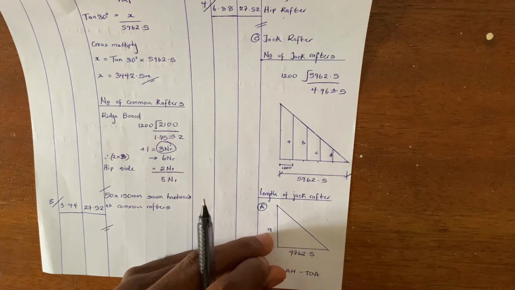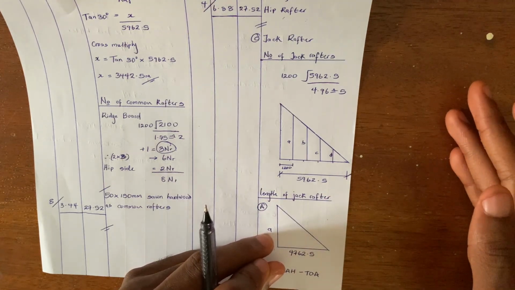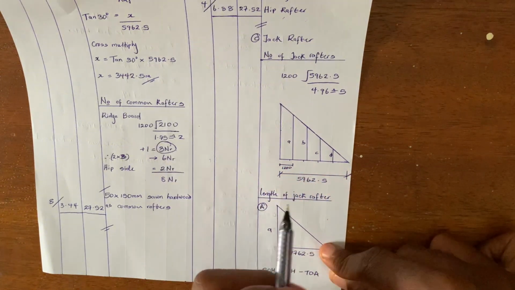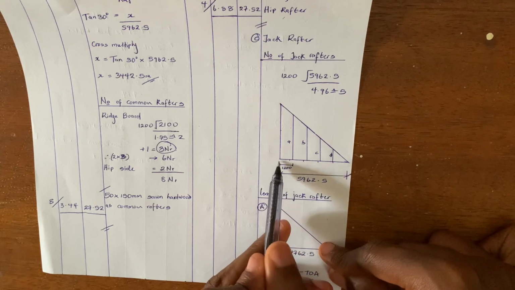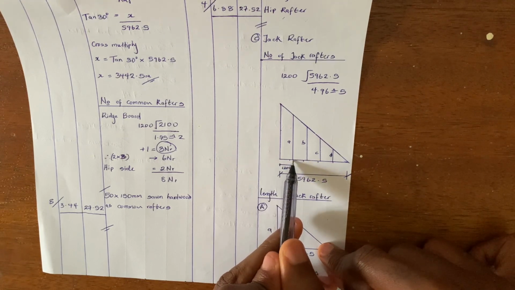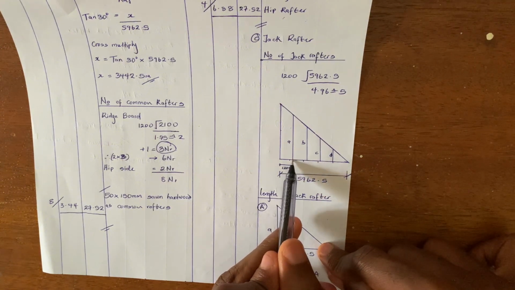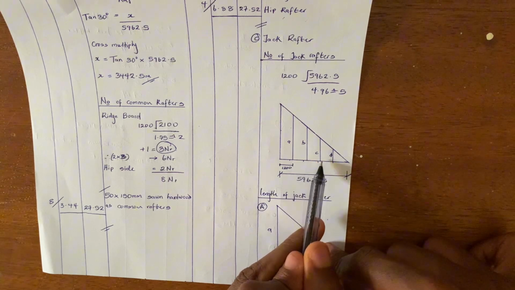Then it is stated in our specification that the rafters are spaced 1,200 center to center. So it means that the spacing for each rafter is 1,200. So from the common rafter to this place, making it A, is 1,200. Then from there to the next 1,200, we'll make the second jack rafter, and then continue.